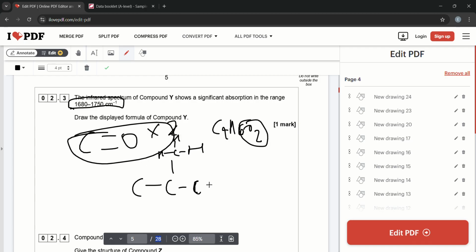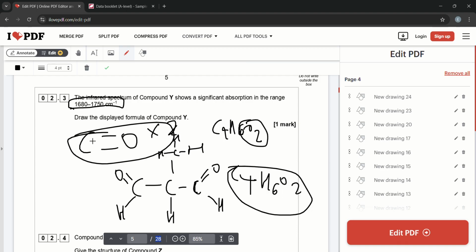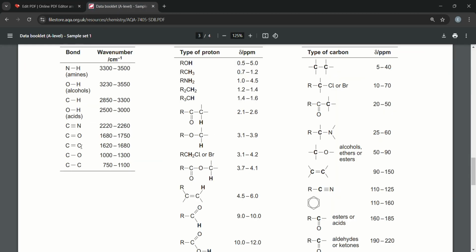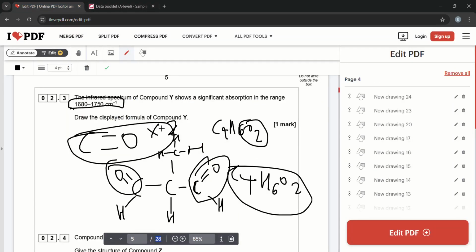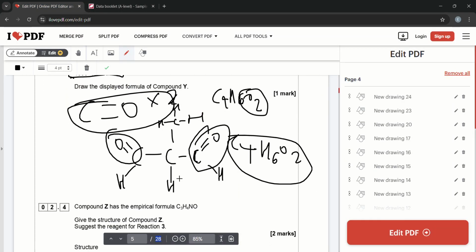So we're going to have C double bond O, H, H, C double bond O, H. Then to make sure you're correct, add up the number of carbons: 1, 2, 3, 4. C4. How many hydrogens? 1, 2, 3, 4, 5, 6. H6. How many oxygens? O2. And we've used the C double bond O from the IR spectrum wave number. That's that for 1 mark.